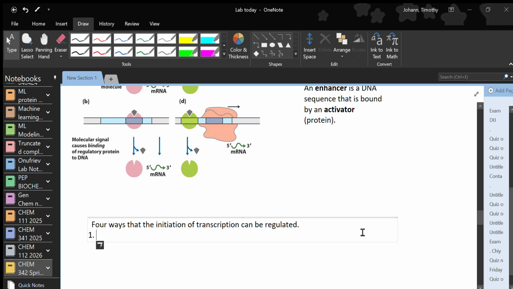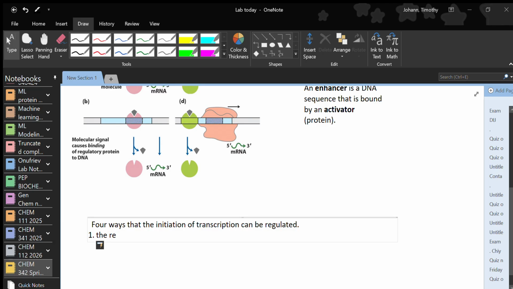They're not separate from each other. They could be separate, but we're often going to have both an operator and an enhancer active for a gene. In fact, that was what was going on in lab, although you only manipulated the operator part.